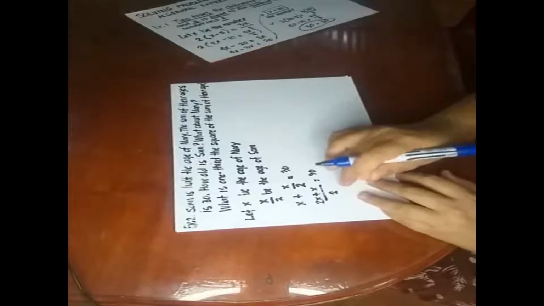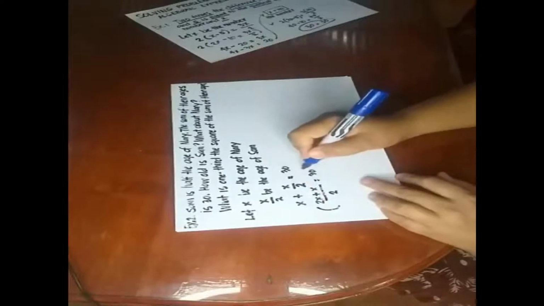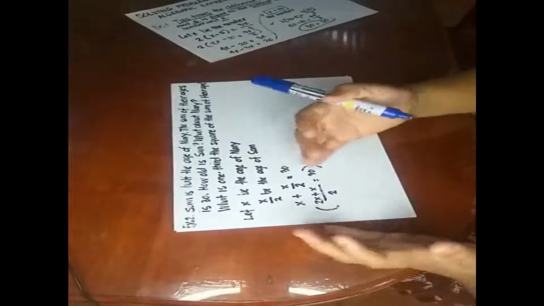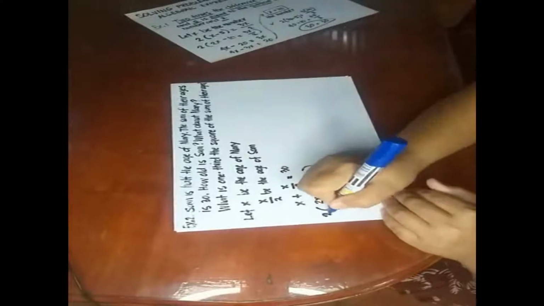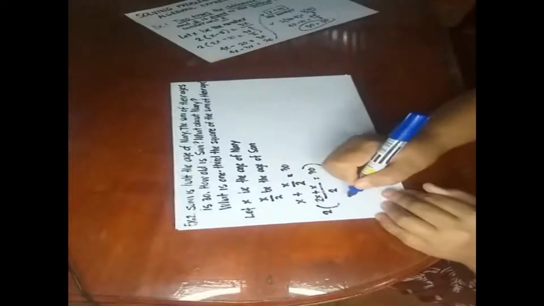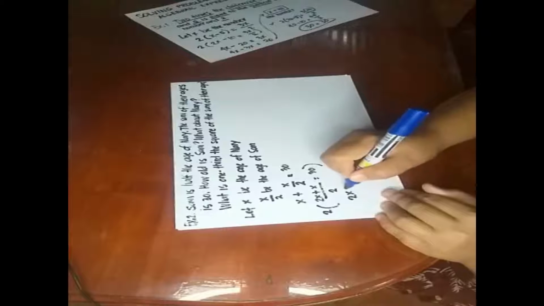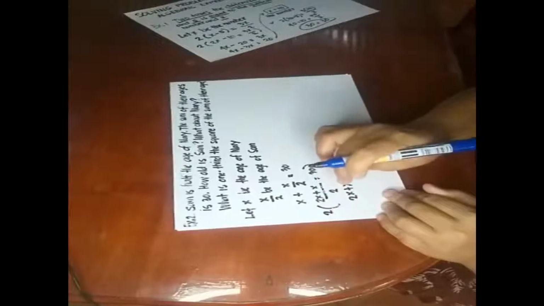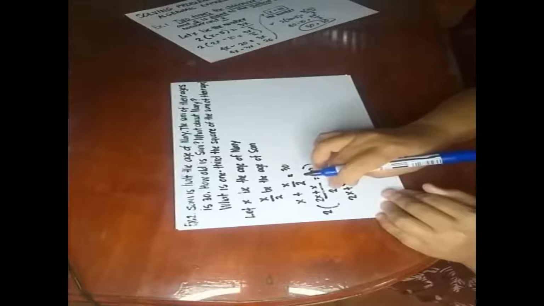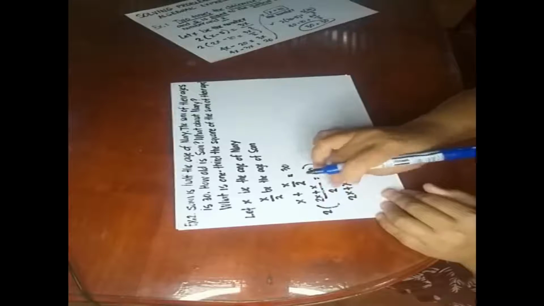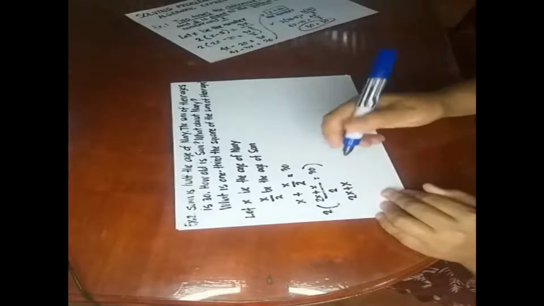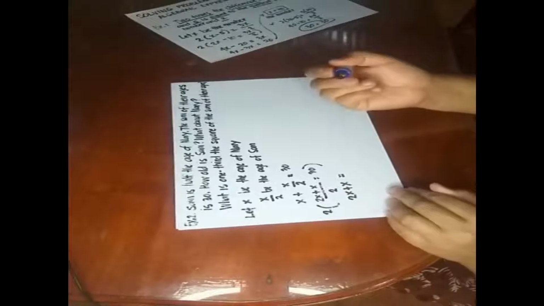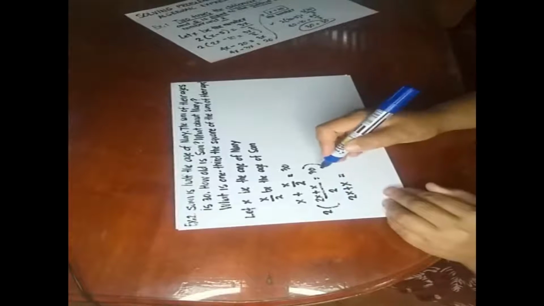To remove the 2, you have to multiply the whole expression by 2. Then 2x plus x equals 2 times 30 is 60.